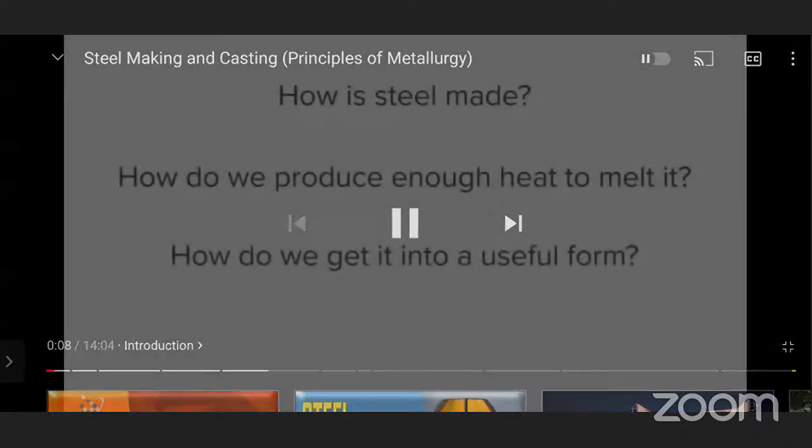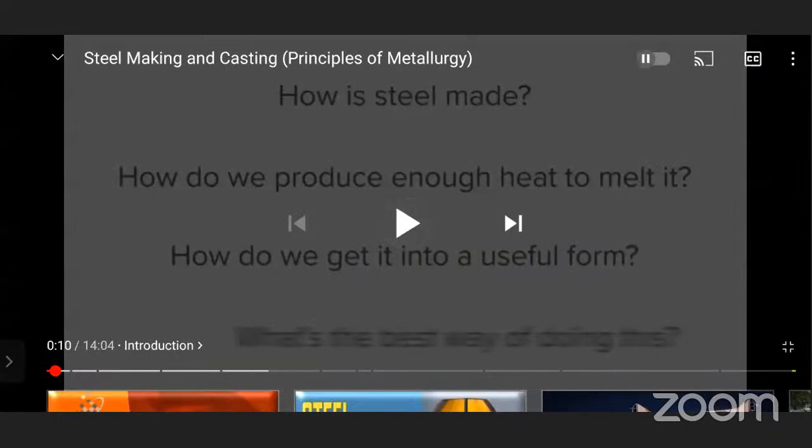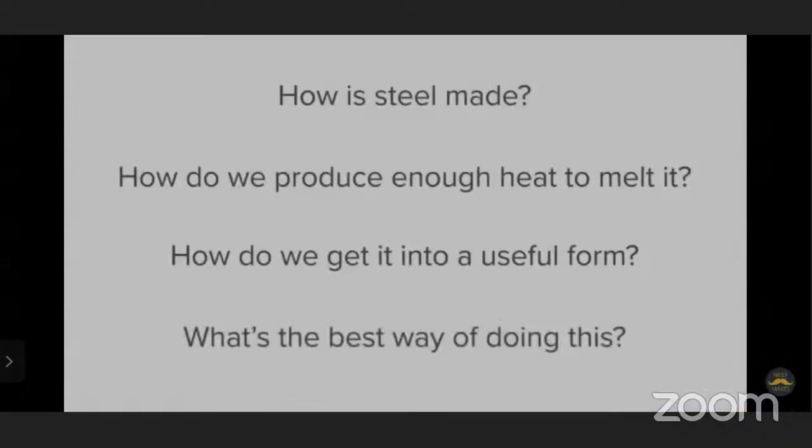How can we use the molten steel? And what is the best method to produce steel? These are the different questions that come up when we are looking at steel manufacturing, right?